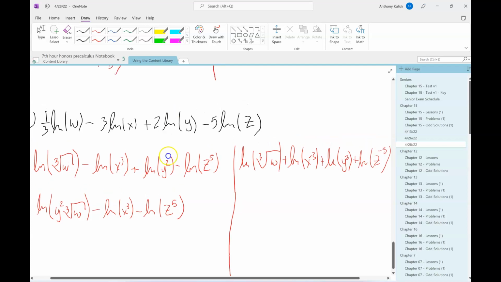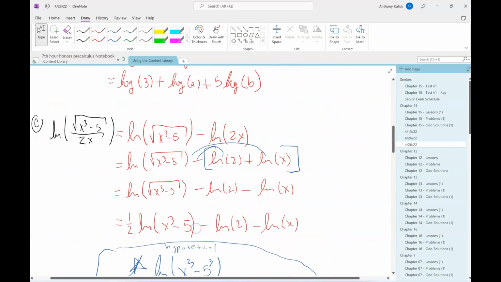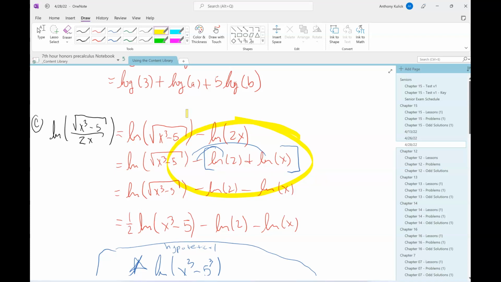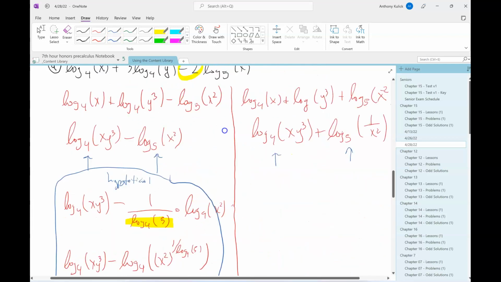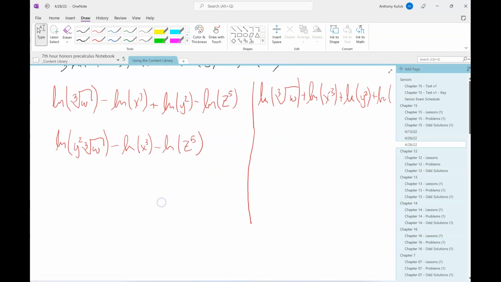Let me give you a hint. Let's go back and look, remind you of what happened in example C when we expanded, where we had to distribute the negative. What's the opposite of distributing? Factoring. Notice what can we do on this problem here?